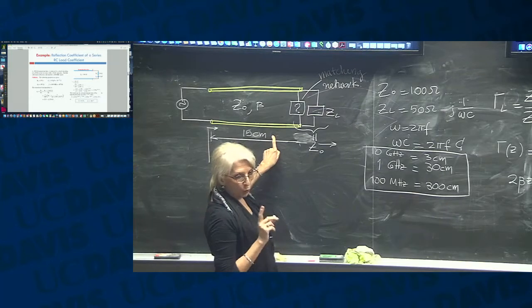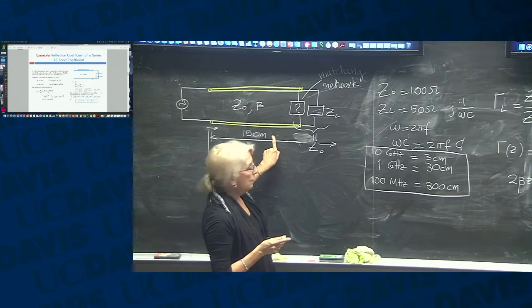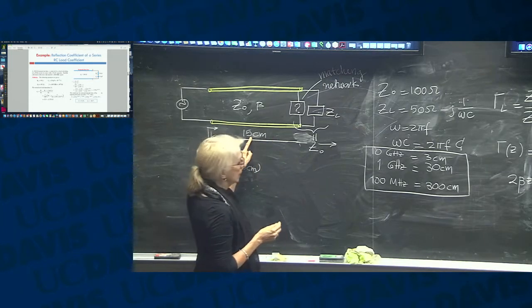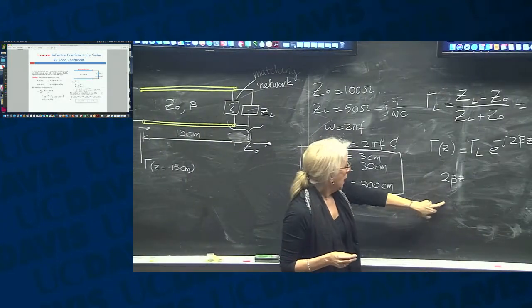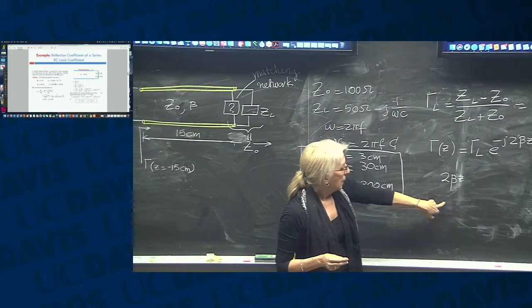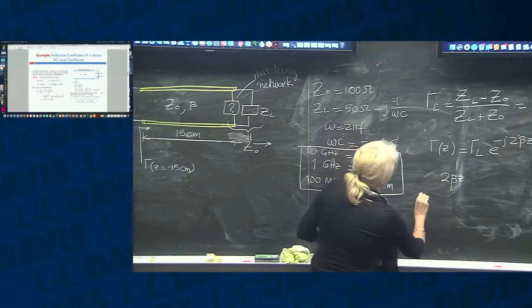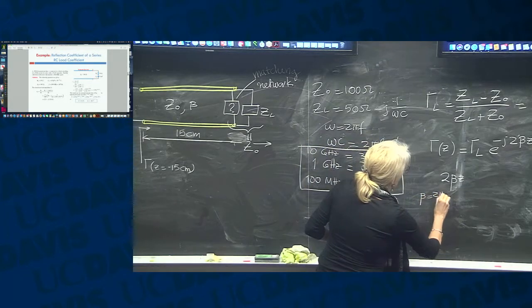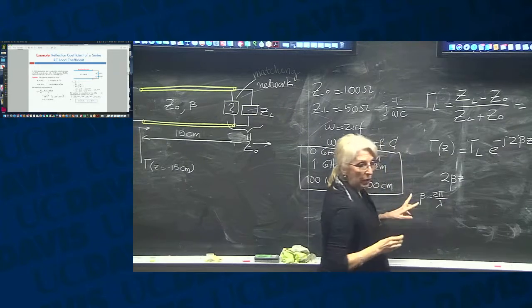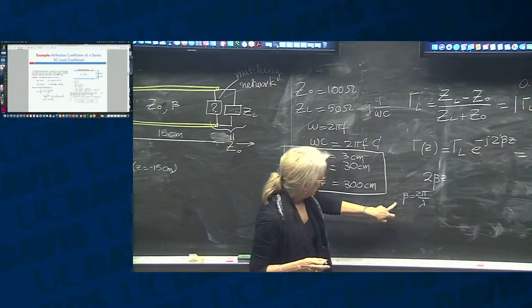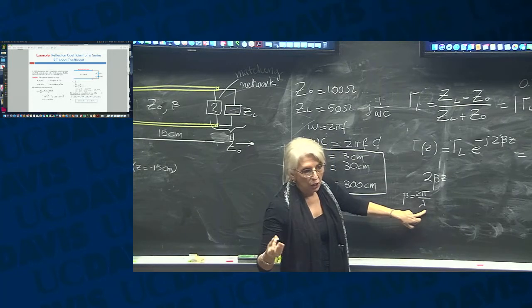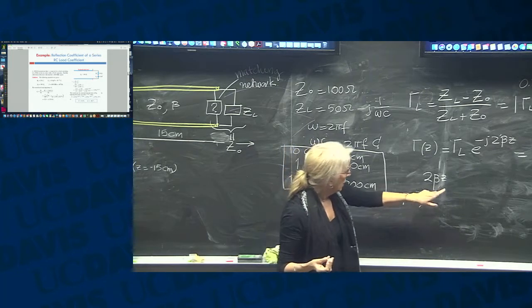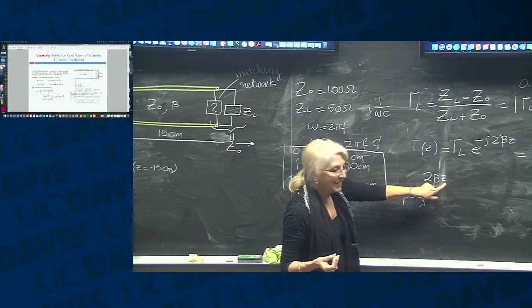So you will have to do one of two things. Either you have to convert beta, you remember beta is 2 pi over lambda, into physical length, so it's going to be 1 over a physical unit of length, or you will have to convert this in wavelengths.